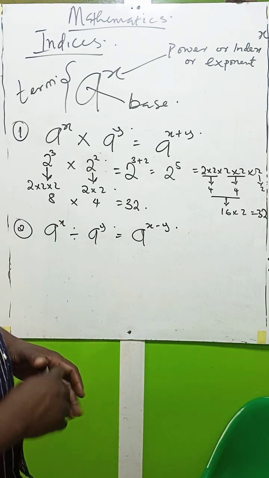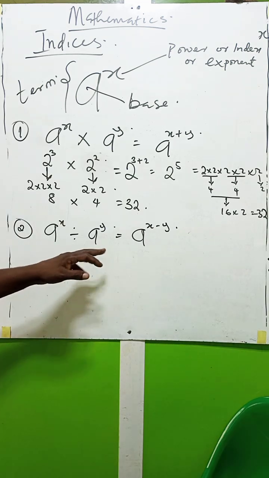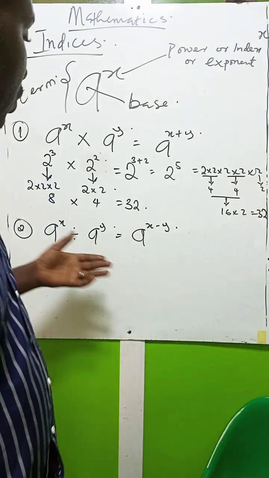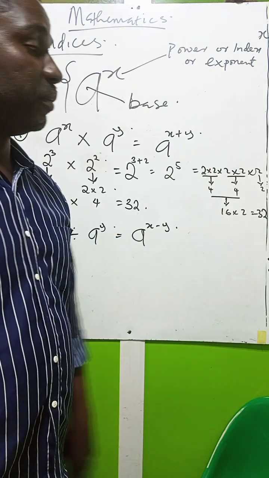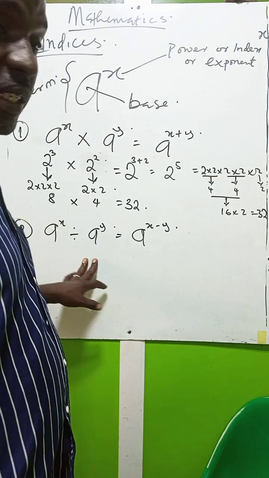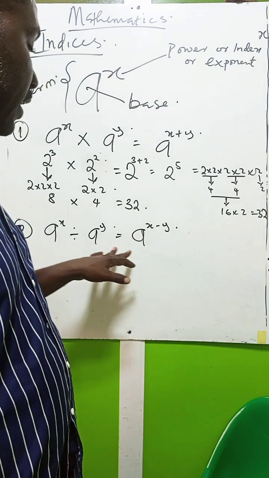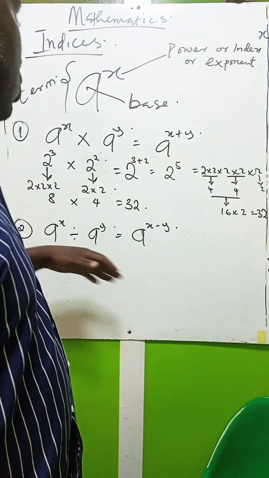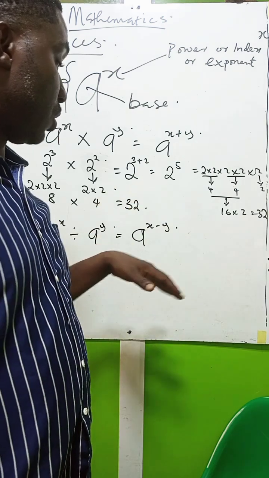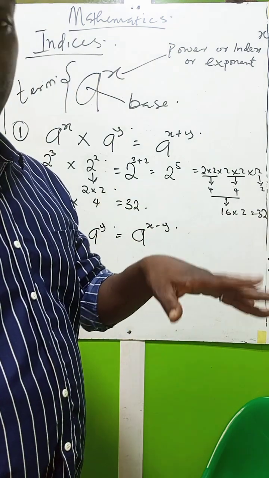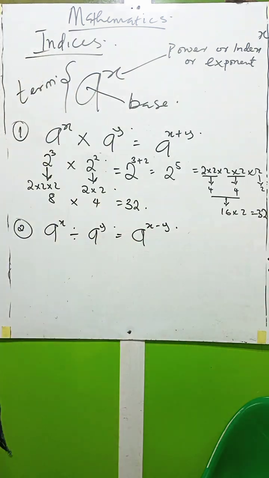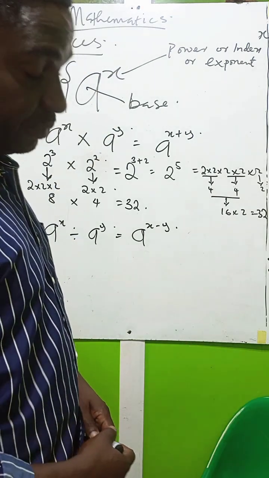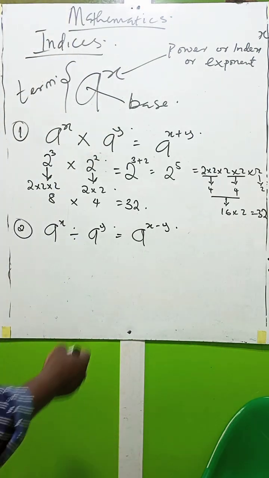The power of the numerator minus the power of the denominator. If we place this in form of a fraction, a raised to power x will be our numerator, a raised to power y will be our denominator. So this is what the result will be.